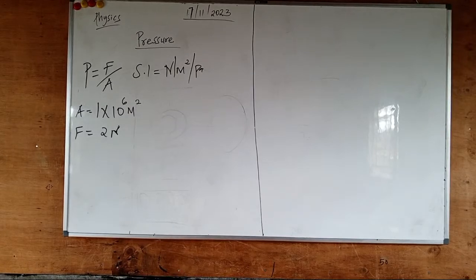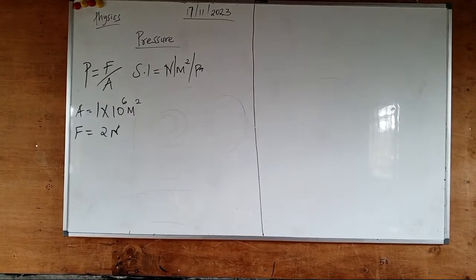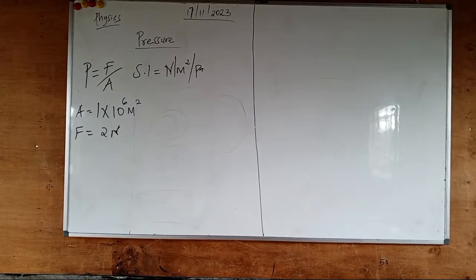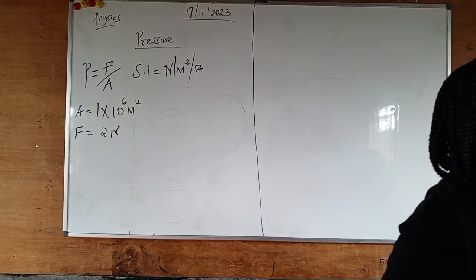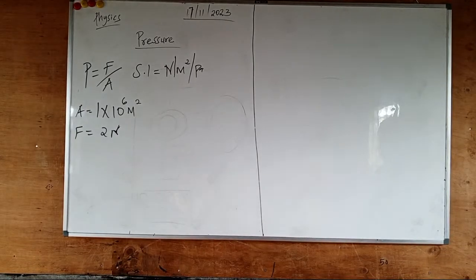Sure. Calculator kwa nini? Wanzie tena. Job na wamepeana a very different answer, of which naishuku 1 times 10 power 6 inakupea 1 million.